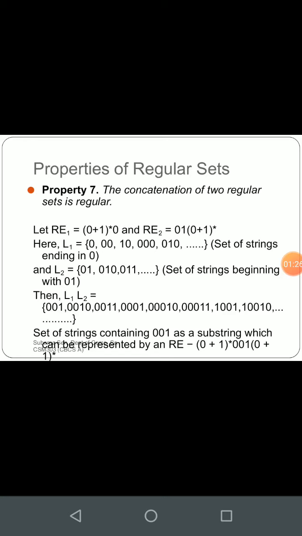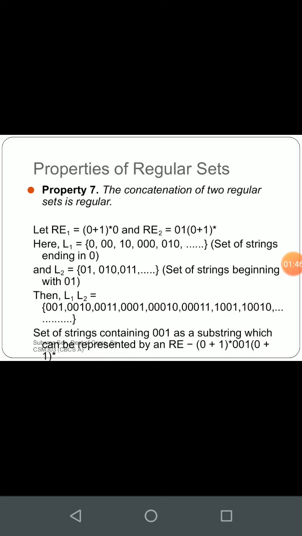If we concatenate these two, L1 followed by L2, let us focus on 0 of L1 first. So 0 combined with 01 makes 001, then 0 combined with 010 makes 0010, and in this fashion you can make the combinations.